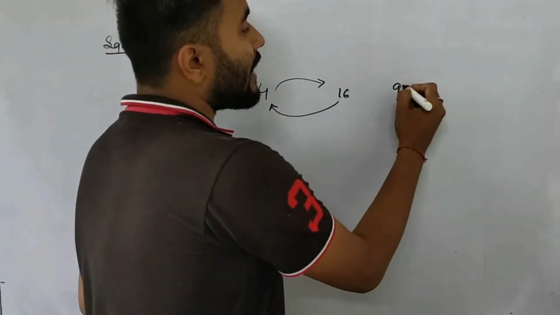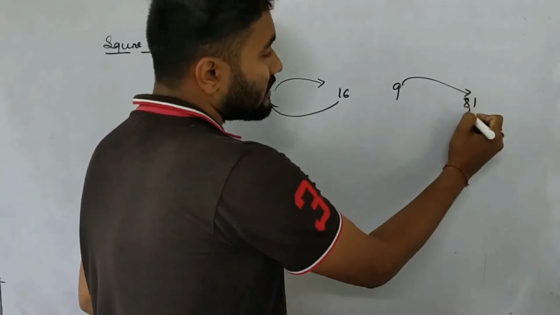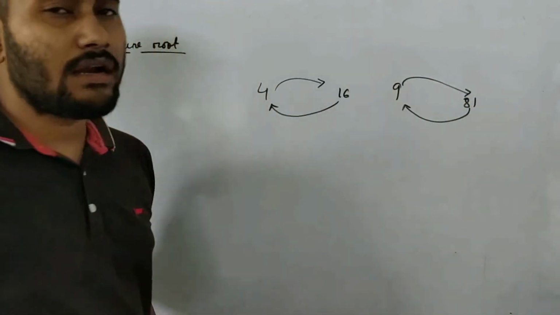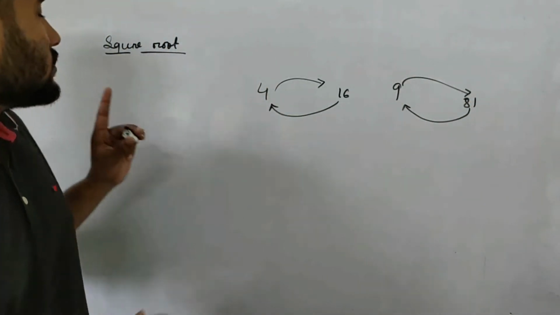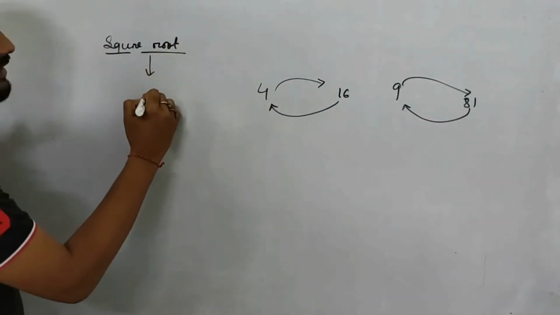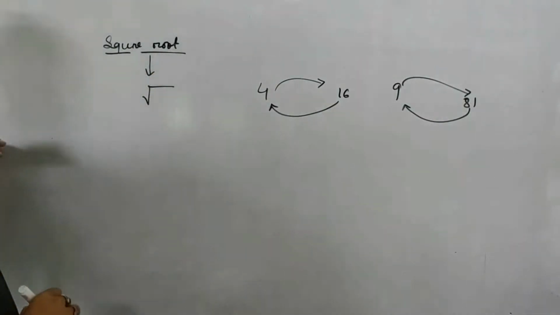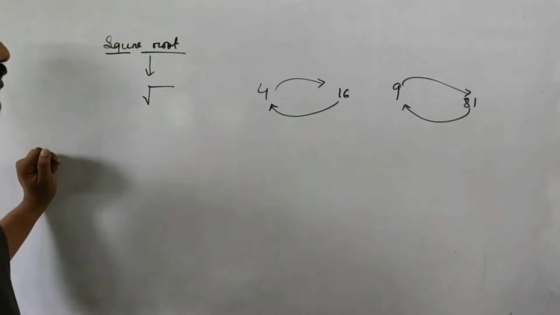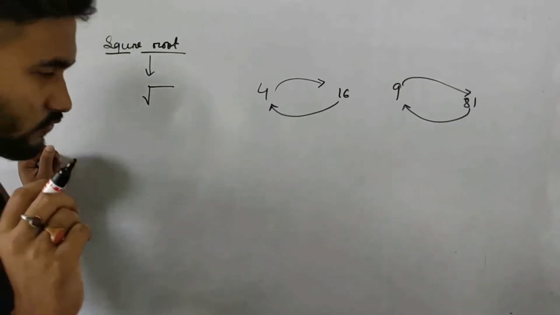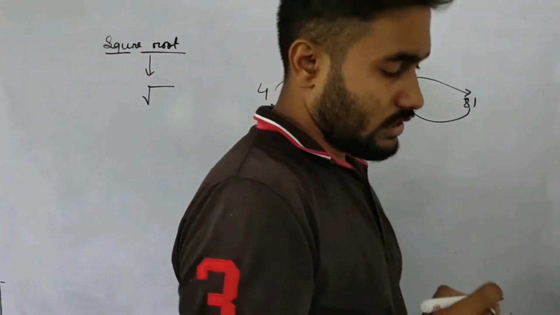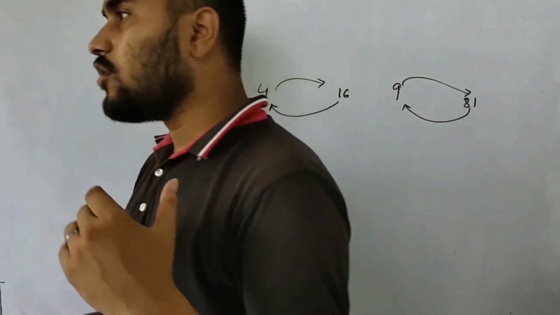If the square of 9 is 81, then the square root of 81 will be 9. Understood? Square root is denoted by this symbol, which is known as the square root symbol. It is the opposite of square.